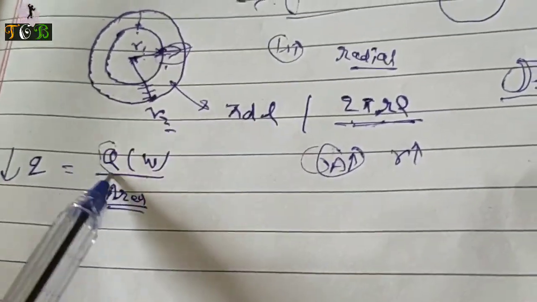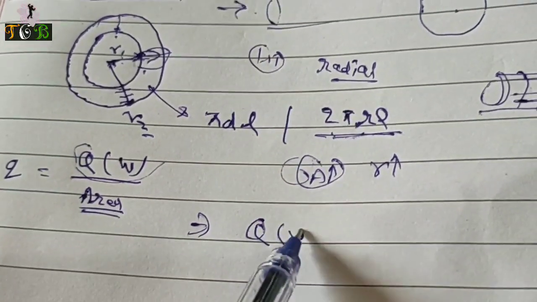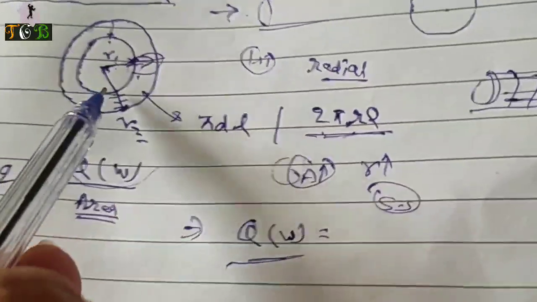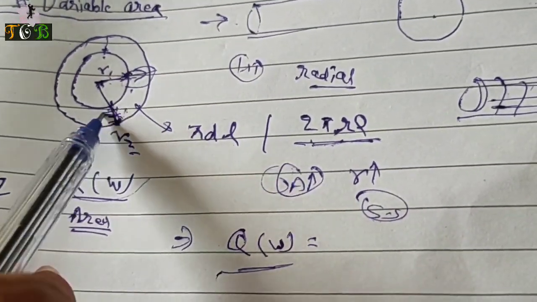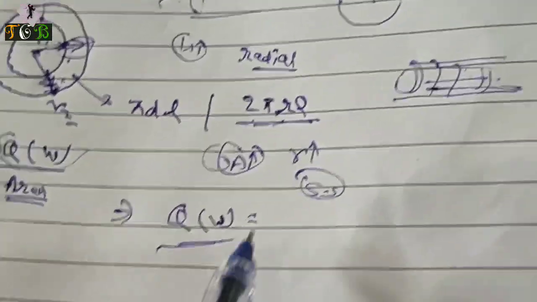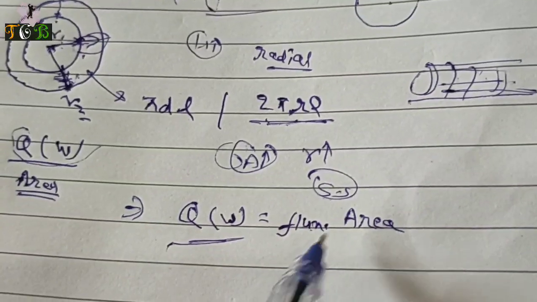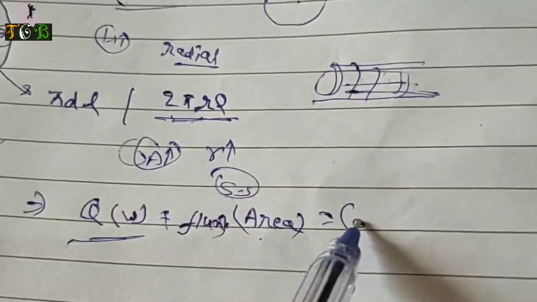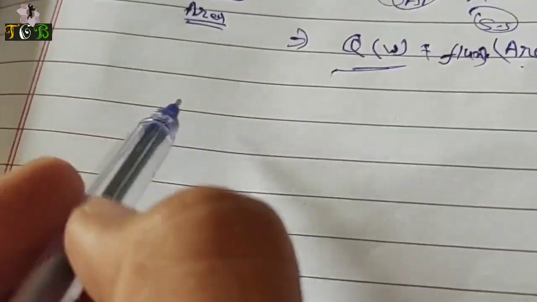But the concept here is that the heat transfer rate in watt at steady state should be constant throughout the cylindrical section. That's why the flux into area will be constant, okay? So this is our first formula.